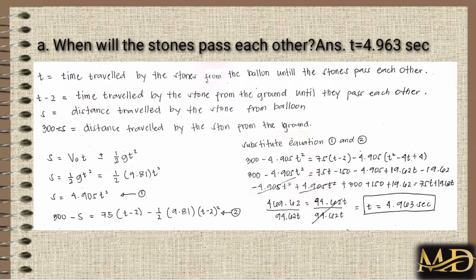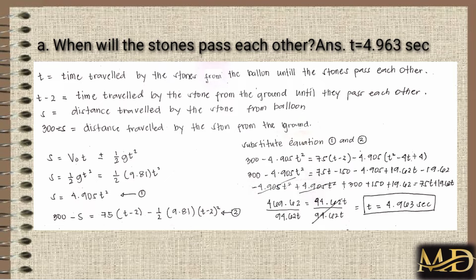So 300 minus 4.905 t squared is equal to 75t minus 150 minus 4.905 t squared plus 19.62t minus 19.62. So negative 4.905 t squared plus 4.905 t squared plus 300 plus 150 plus 19.62 is equal to 75t plus 19.62t.